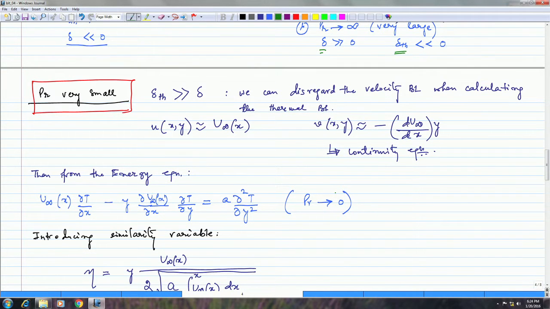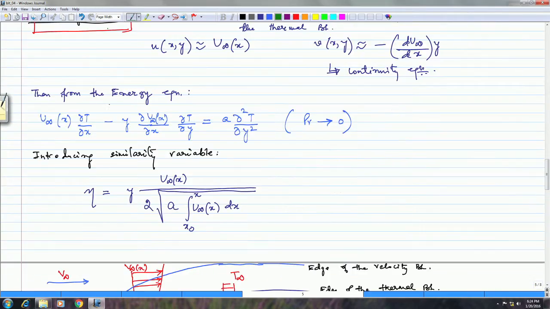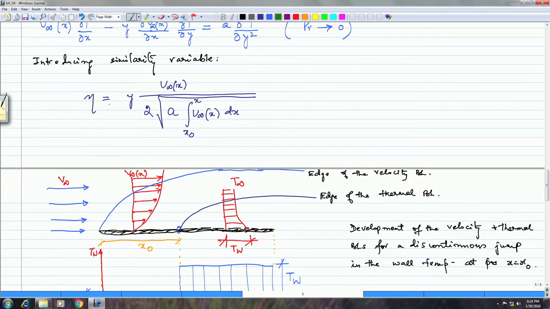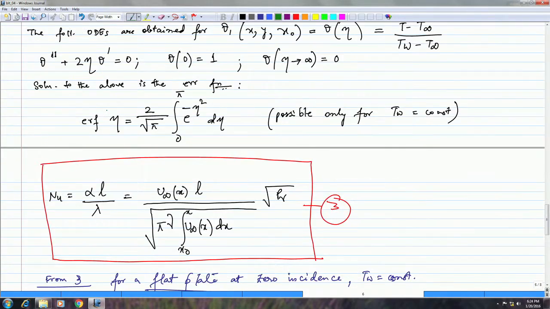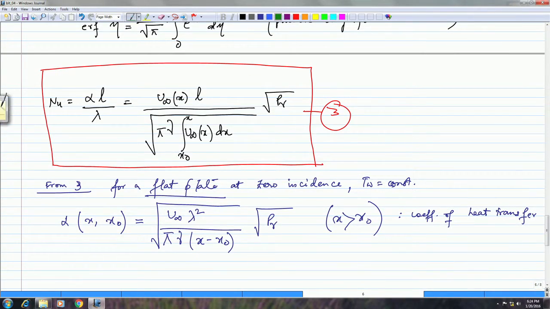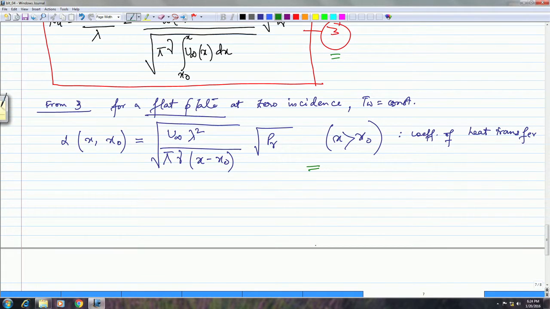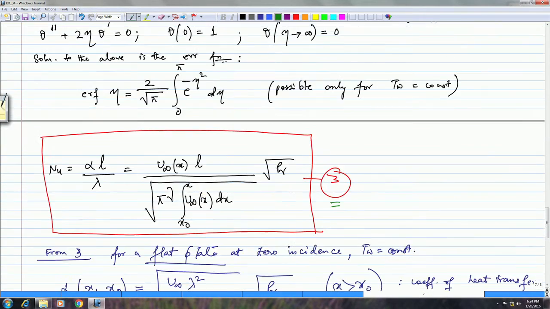We looked at the Prandtl number very small, and what kind of simplifications it brings about. And we saw that we could write the Nusselt number for a large Prandtl number in this fashion, and hence you come up with simple formulae which one can actually use from this consideration.